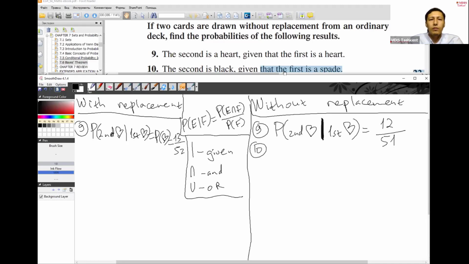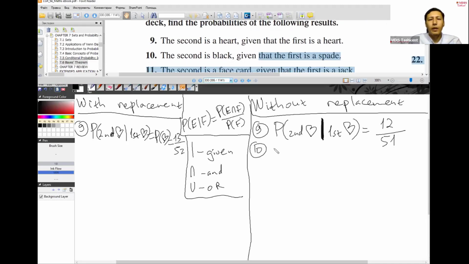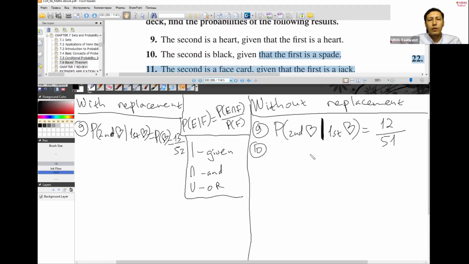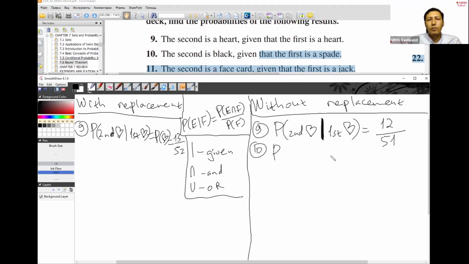Number 10. The second is black, given that the first is spade, so we put this symbol. Now we take out a spade. So we have 52 cards. The first card we pick is spade.